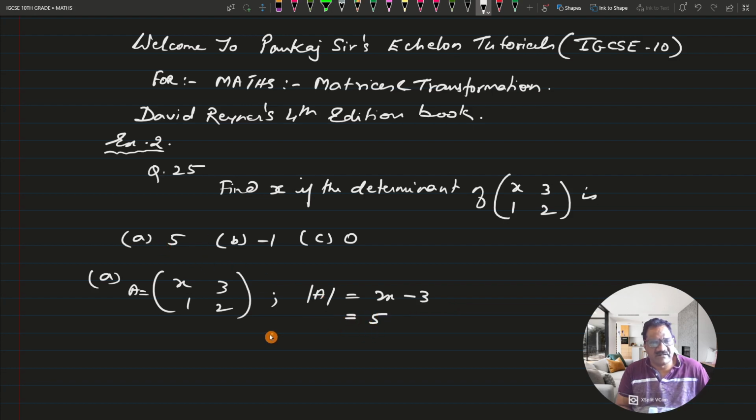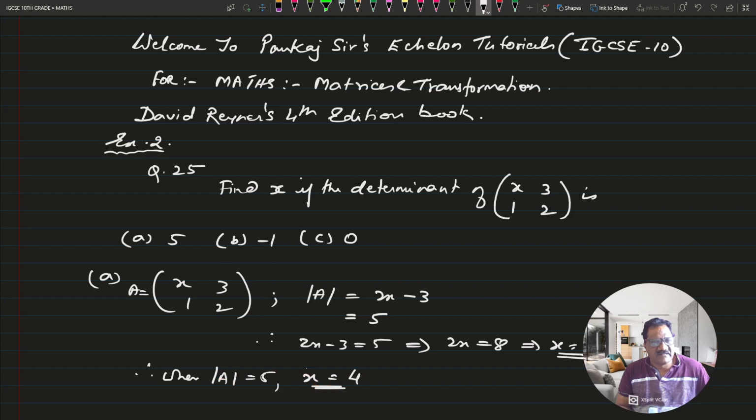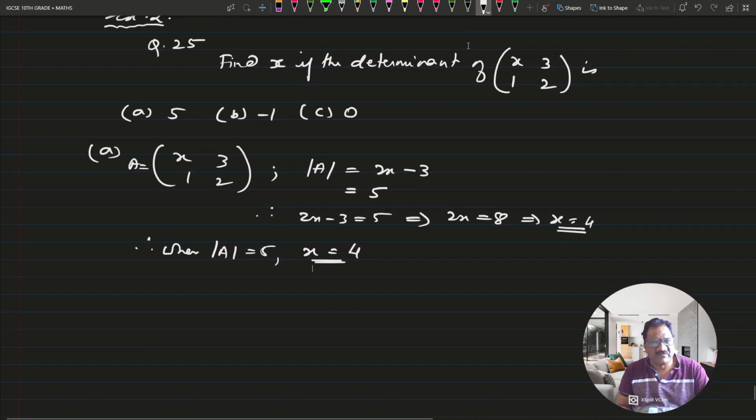So we can write 2x minus 3 equal to 5, and from here we can find the value of x. So 2x will be equal to 8 and x will be equal to 4. Therefore when the determinant of A is equal to 5, x will be equal to 4. This is the answer for part A of this question.